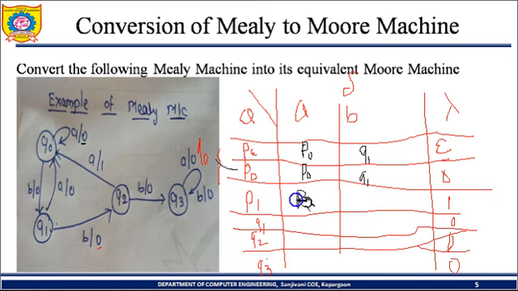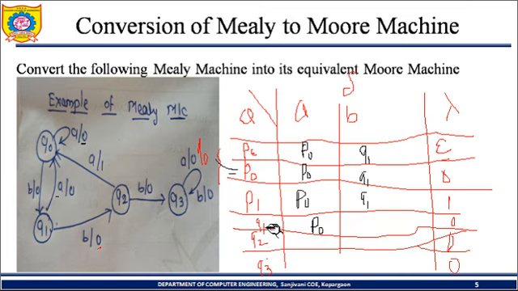So I'll write here P1 is also an original part of Q0, so we'll get the same answer. Now Q1 with A. Q1 after reaching A input, it will be in Q0 with 0 output. Q0 with 0 output state is P0. So I'll write here P0.